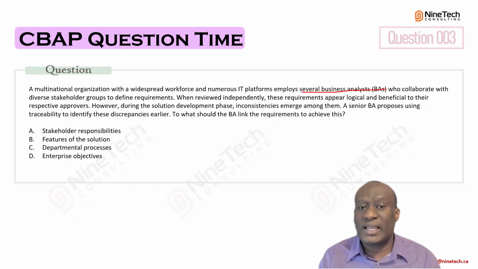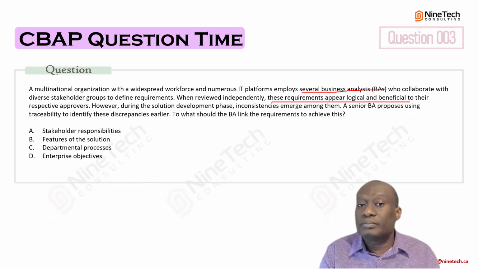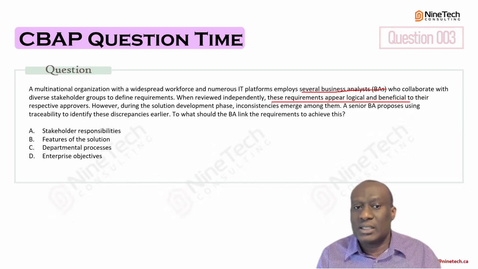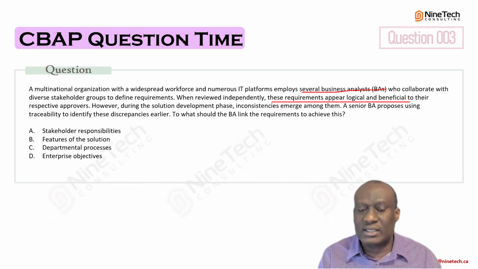When reviewed independently, the requirements appear logical and beneficial to their respective approvers. However, during the solution development phase, inconsistencies emerge among them. So the requirements on their own are logical and beneficial, but when we are linking those requirements during the software development phase, there are inconsistencies.